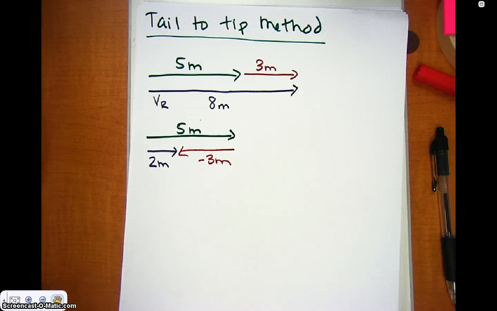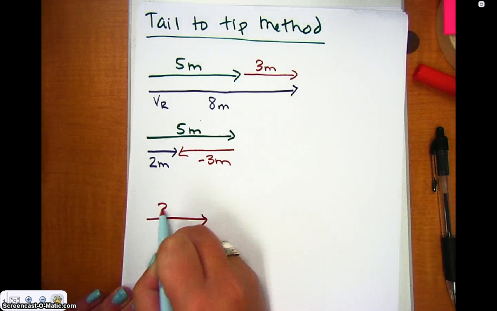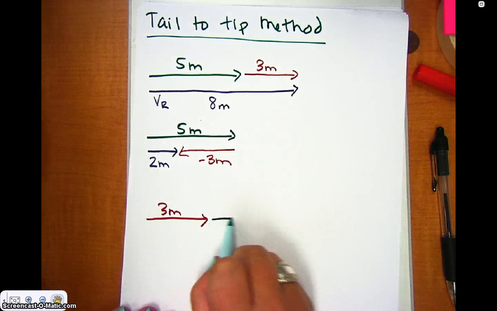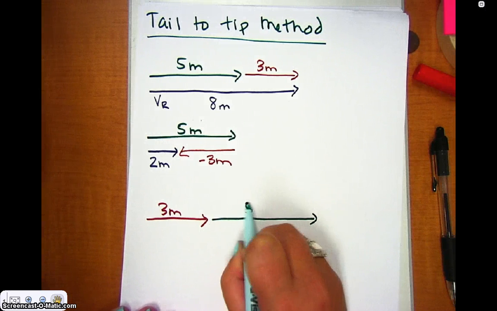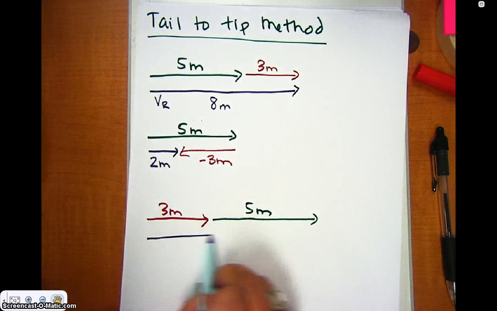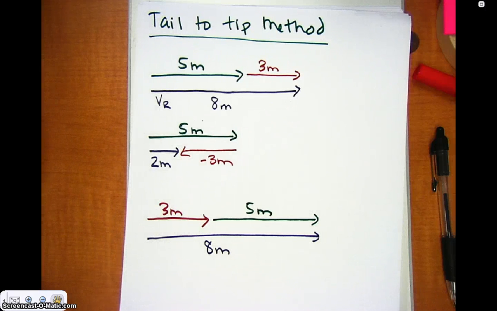This might seem super commonplace, or like, why is she even saying this? If I were to take the 3 meter vector and place that first, and then take the 5 meter vector and place it afterwards, our resultants would be exactly the same, or 8 meters.